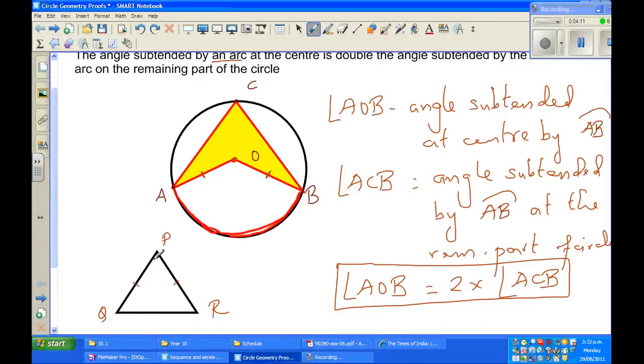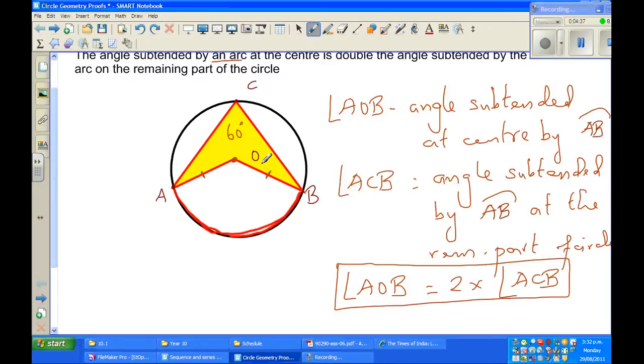If PQ is equal to PR, the base angles would be equal. So if this is X, this would also be X. In an isosceles triangle, the base angles are equal.